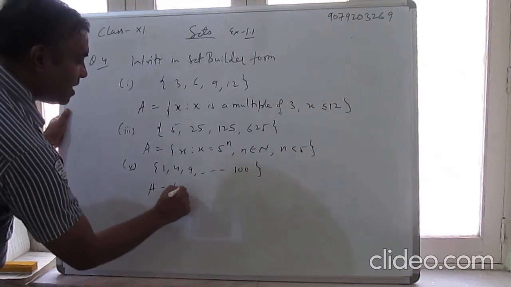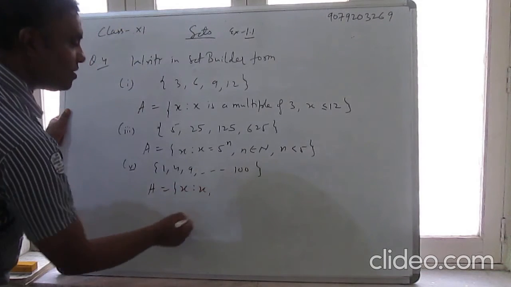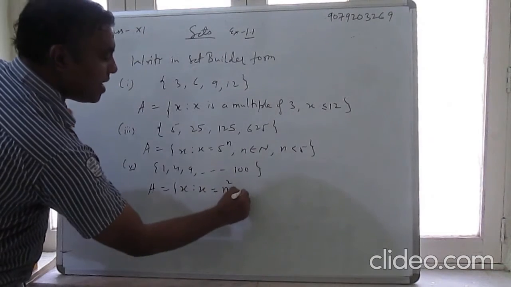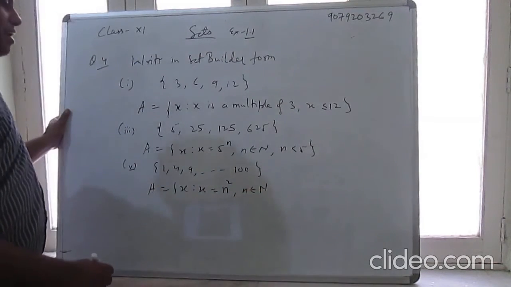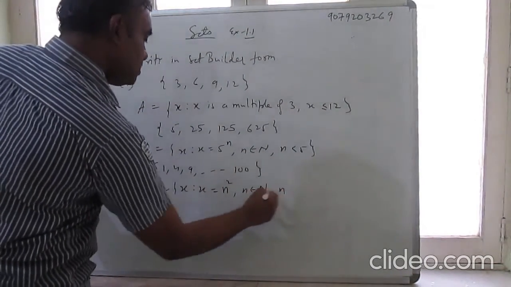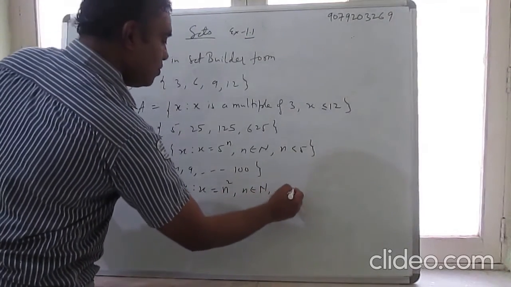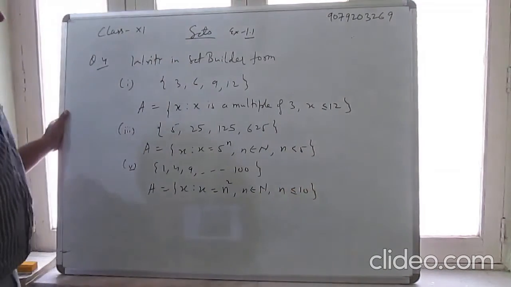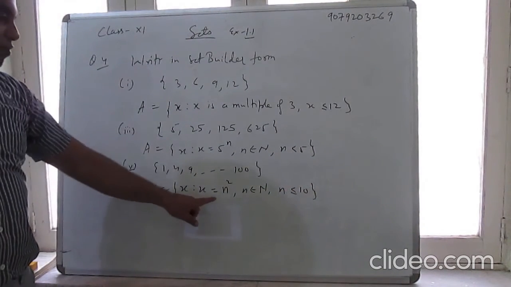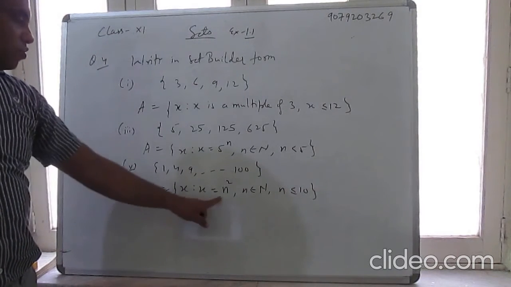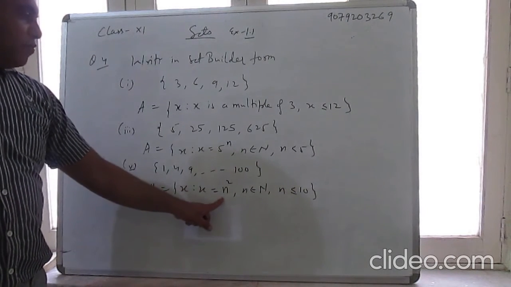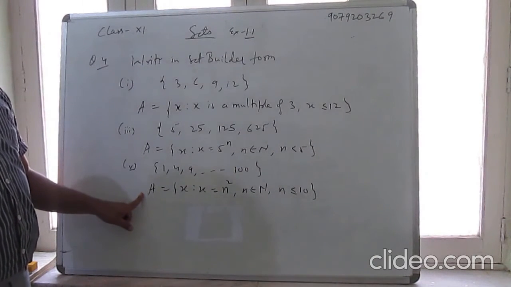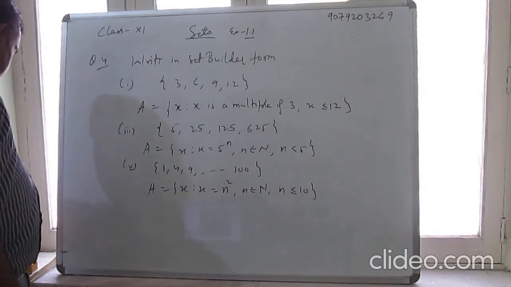So you can write x such that x is equal to n to the power 2, where n belongs to N and n is less than or equal to 10. If you put n as 1, it becomes 1, then 4, 9, and if you put 10, it is 100. So this is the set builder form representation.